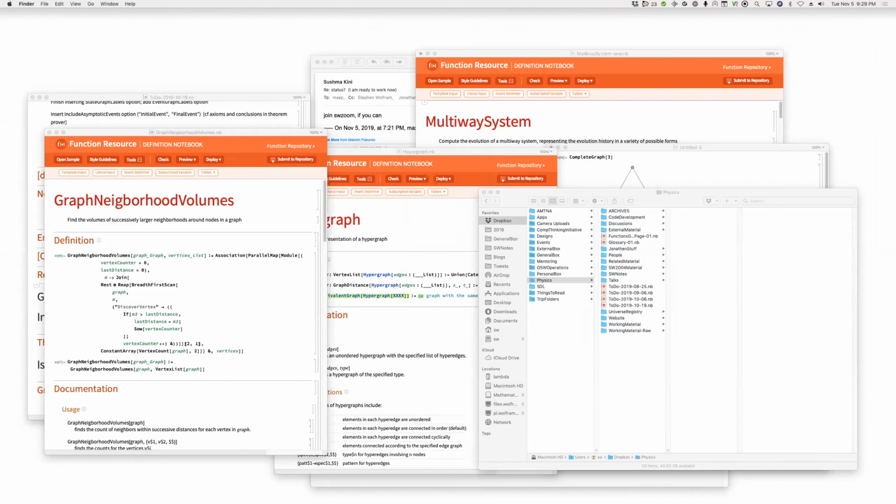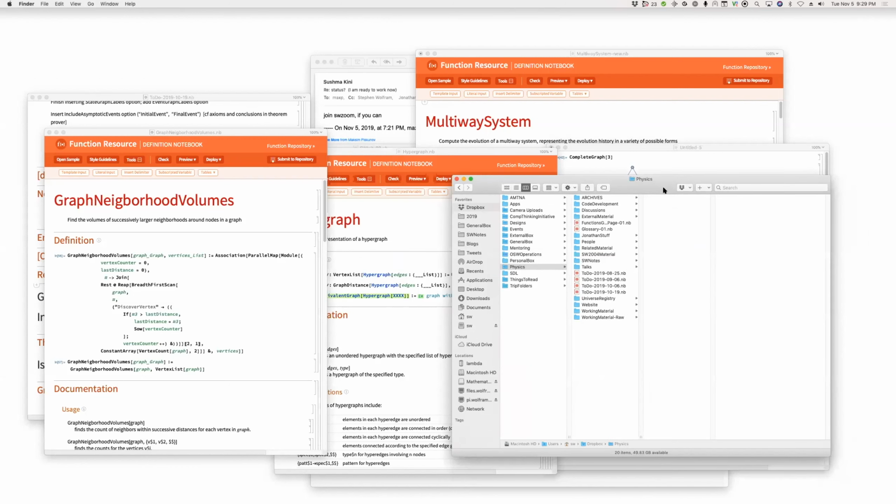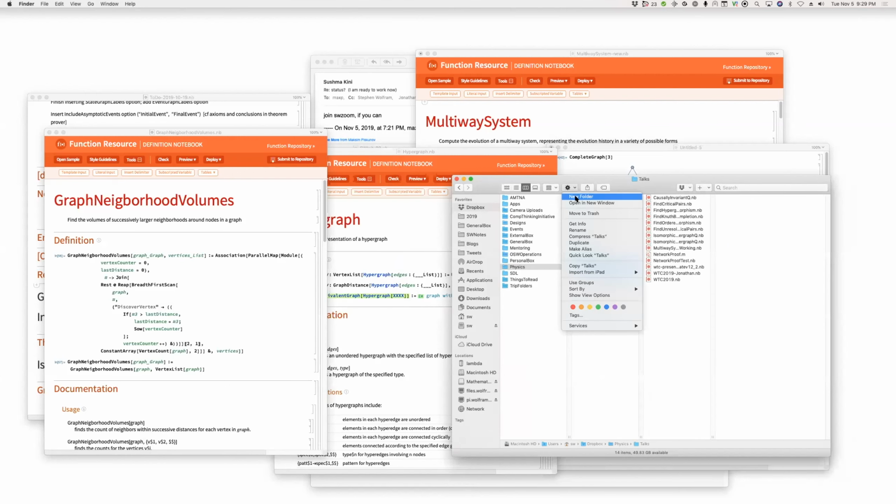Hey, Sushma, what's the status of getting the preview thumbnails for the working material? Preview thumbnails. There hasn't been much progress yet. I mean, it's mostly with John Fultz and Andre.